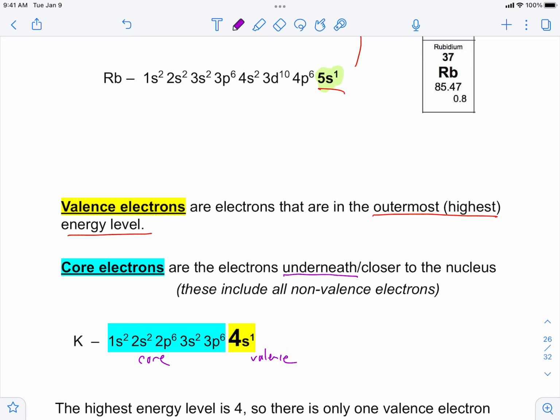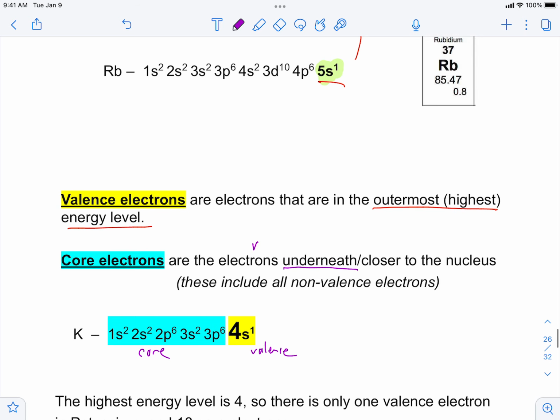Core electrons are not exchanged during chemical reactions. Because they're not accessible. They're too tucked away. They're too hidden. Only valence electrons are exchanged during reactions.